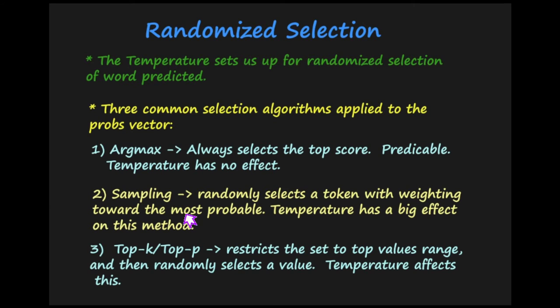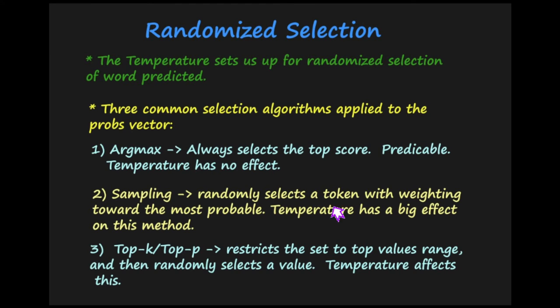However, if we take sampling, which randomly selects a token with weighting toward the most probable, here temperature has a big effect on this method. We're more than likely going to take the ones with the highest score, but we could randomly take even the ones with very low scores.